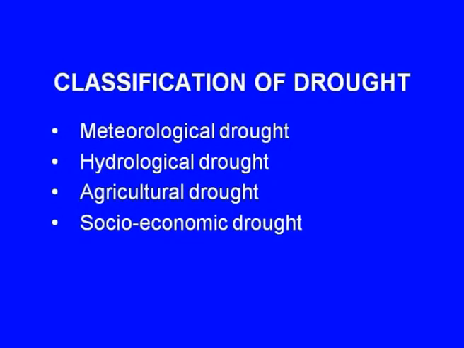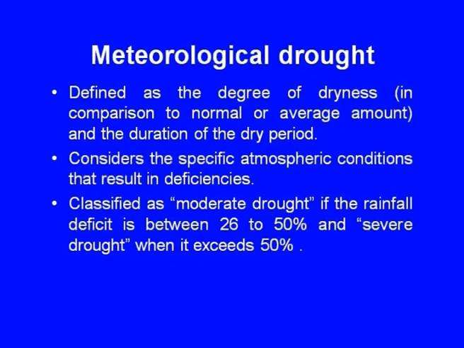So, first of all, let us look at the classification of droughts. Droughts can be classified as meteorological droughts, hydrological droughts, agricultural droughts, socio-economical droughts. Meteorological drought is defined as the degree of dryness in comparison to normal or average amount and the duration of the dry period.